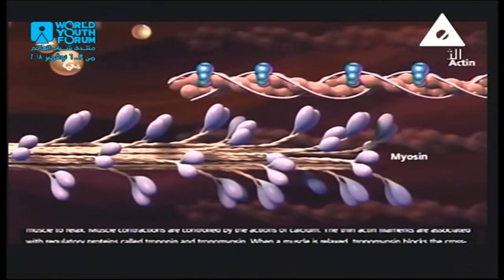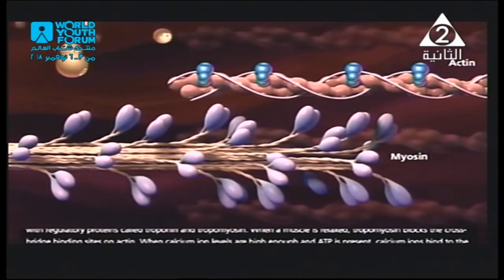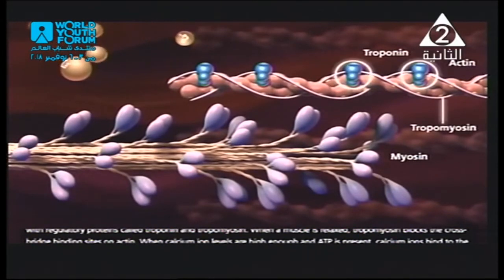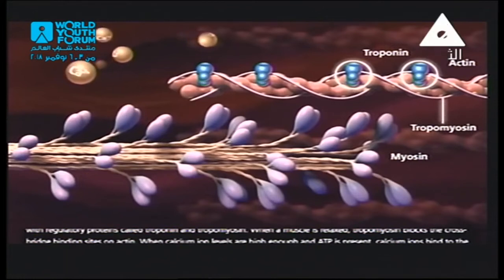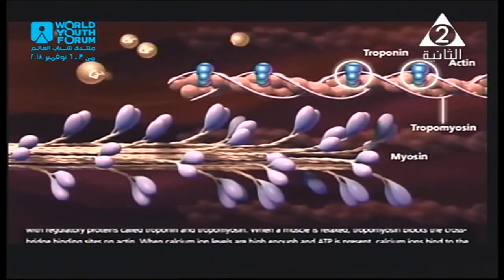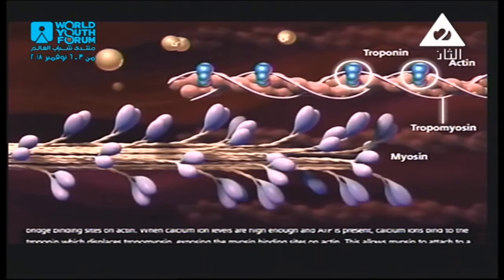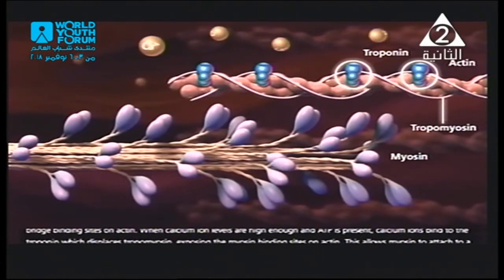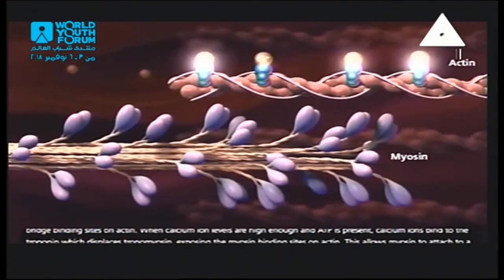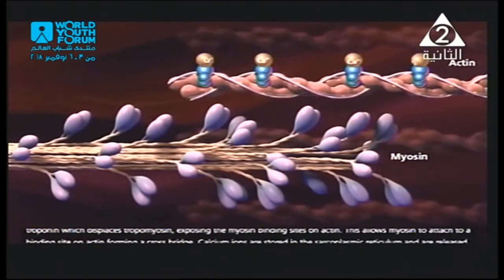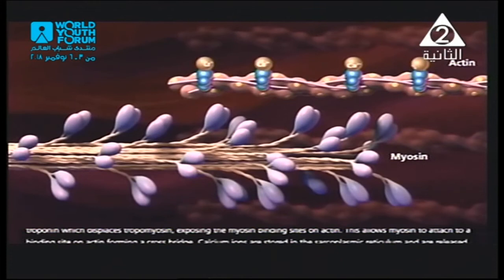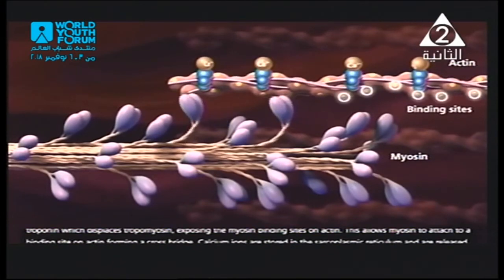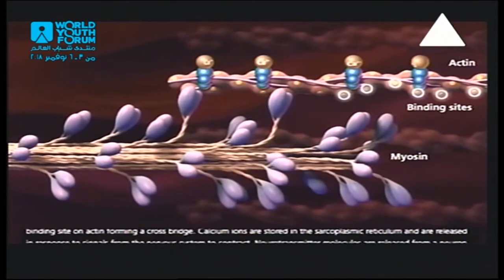As we said also, the polarized membrane is due to the presence of calcium and sodium. This happens when the calcium ion and sodium ion exchange inside and outside the membrane on the surface of the myofibril or the muscle fiber.